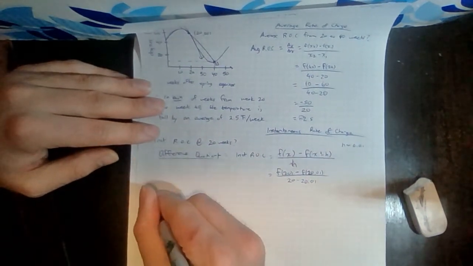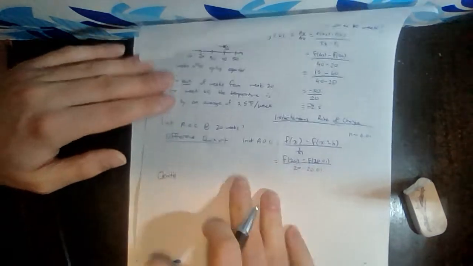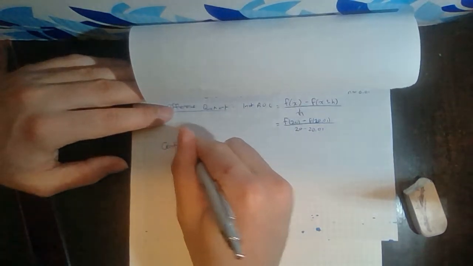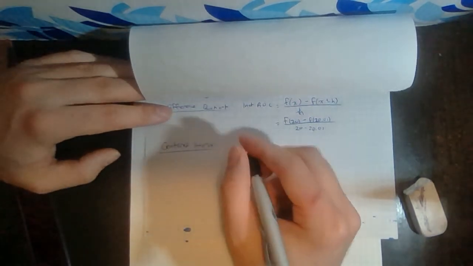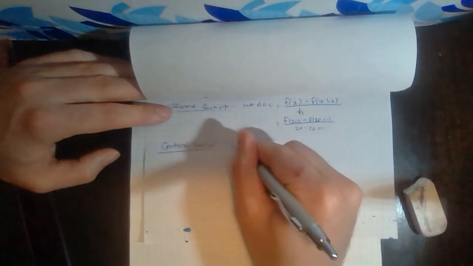For our centered interval, for the instantaneous rate of change, we're going slightly above the value we're looking at and slightly below the value.